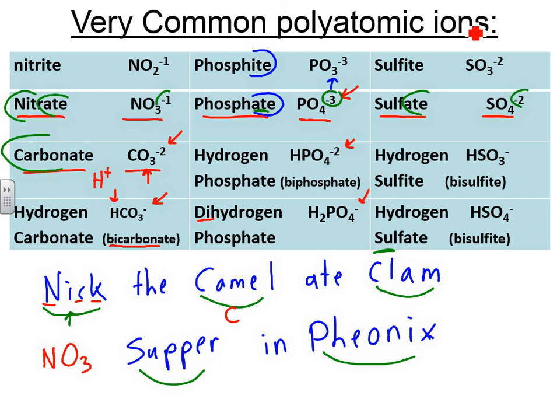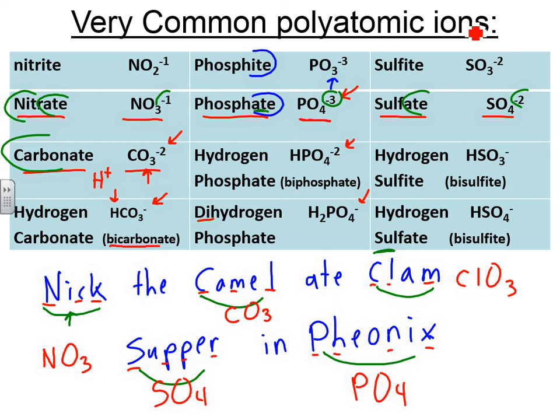You also have 3 oxygens. Now if you take a look at supper for sulfur, in this case you have 4 consonants: 1, 2, 3, 4. So 4 oxygens. In the case of Phoenix, you have 1, 2, 3, 4 consonants. Again, for phosphorus, you have 4 oxygens. Back to clam. Clam is chlorate, so chlorine has 3 oxygens. So notice the amount of consonants tells you how many oxygens.